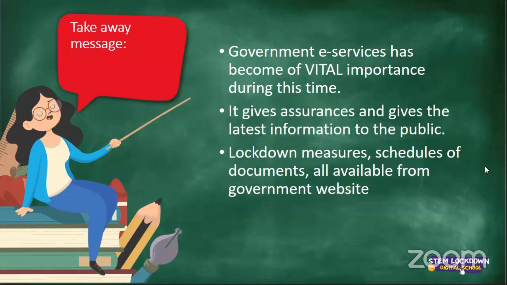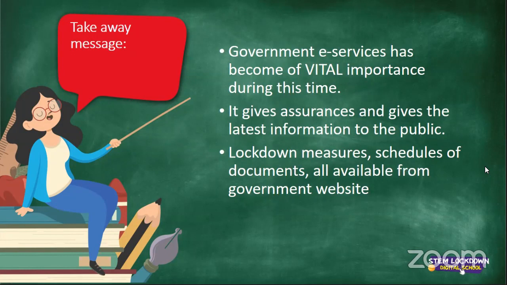Because at this stage, it's so important. You don't have to go into the Department of Home Affairs for your ID or your passport. That is so important at this stage, being online. And they're all zero rated, so you don't pay for data.